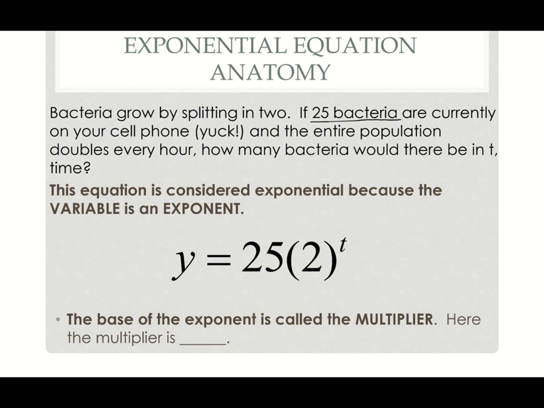So our base here is a 2, and this 2 here is called our multiplier. So the base of the exponent is called the multiplier. Here, the multiplier is 2 because it is doubling. If it was tripling, it would be 3. 4 times as large, 4, and we're going to look at some other types of multipliers that we're going to see often in the types of problems we're going to be looking at.